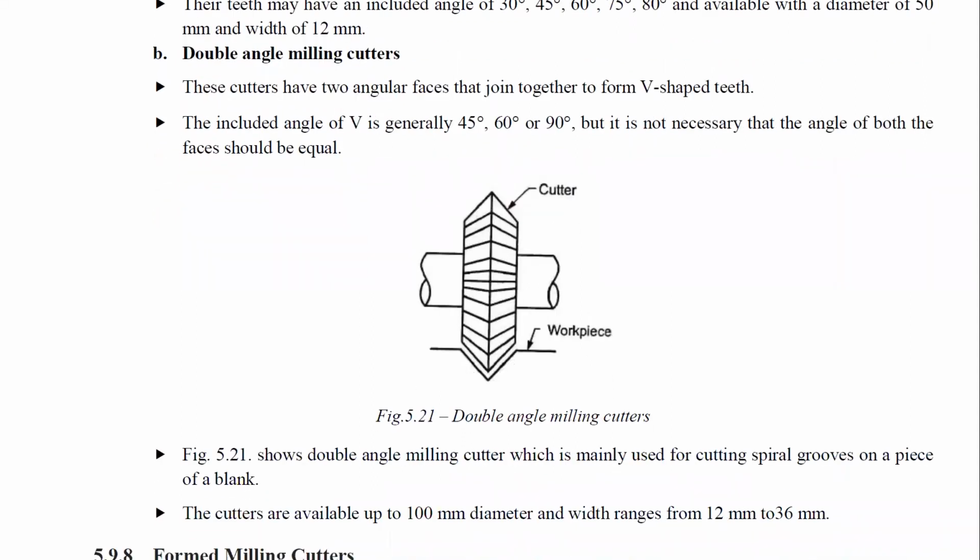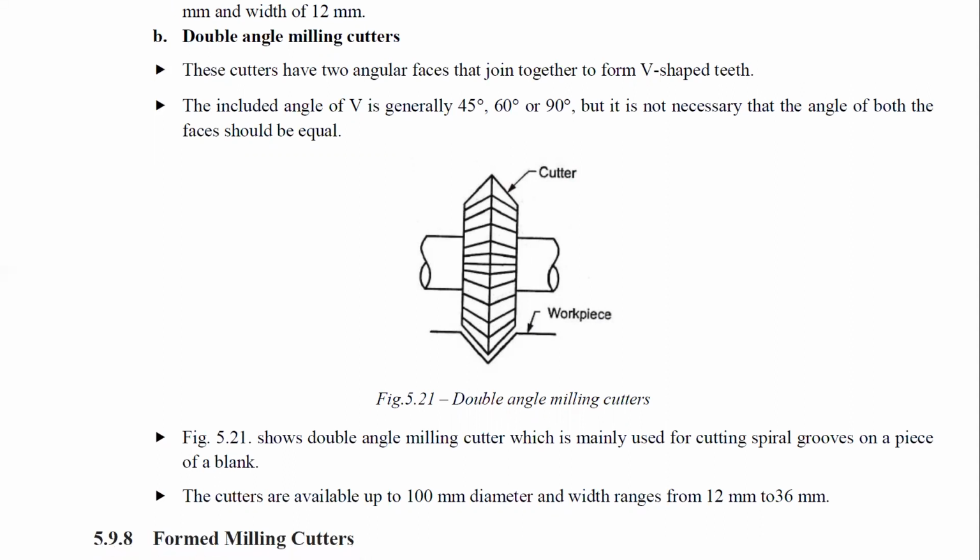Figure shows the angle milling cutter, which is mainly used for cutting spiral grooves. The cutters are available up to 100 mm in diameter, with width ranging from 12 mm to 36 mm.